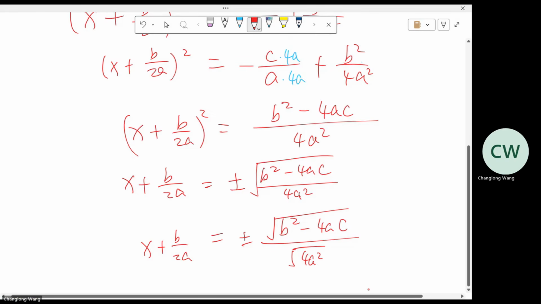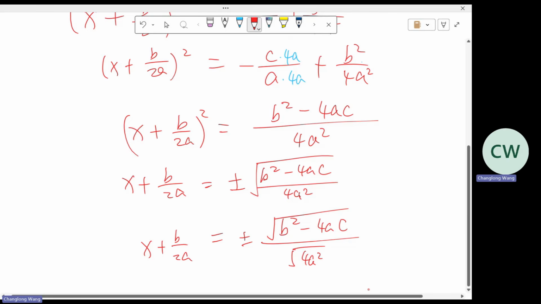Now, what about the square root of 4a squared? How can I simplify it?